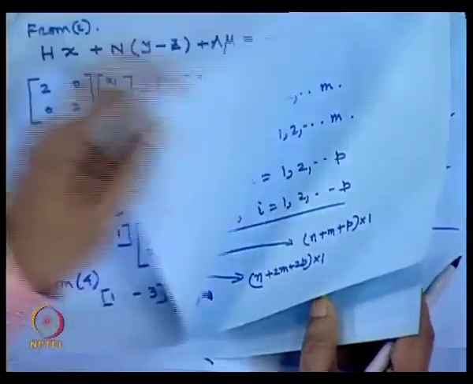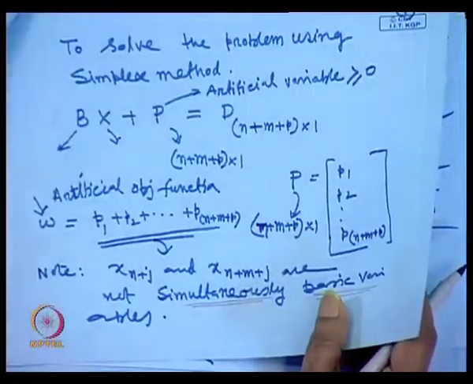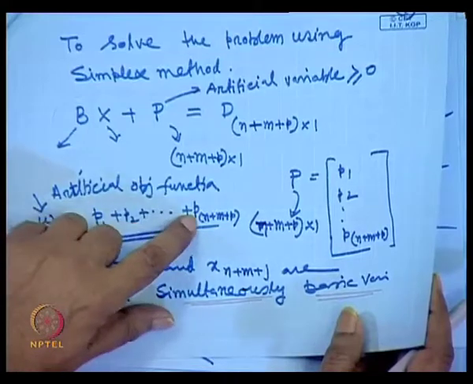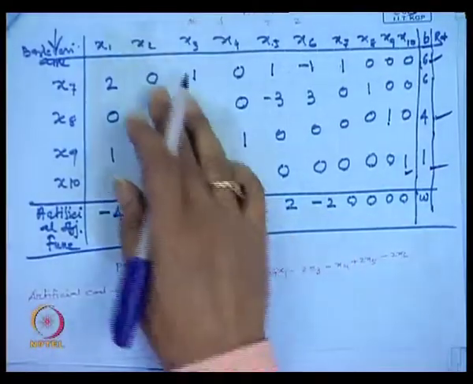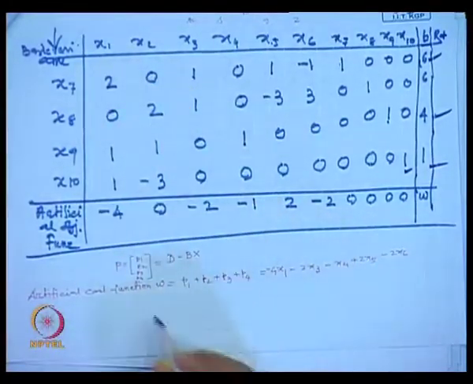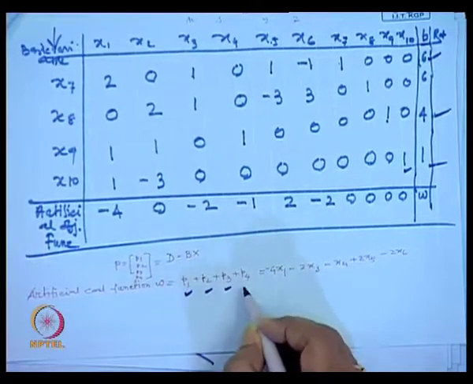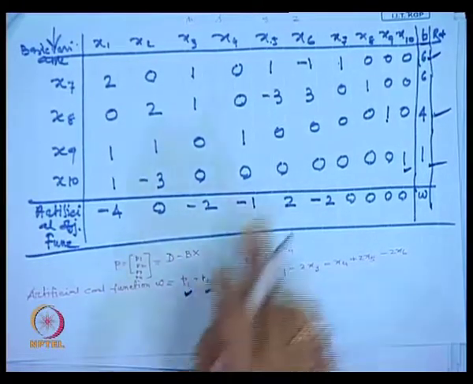Now, what is the artificial cost function? We have written the sum of p1, p2 up to pn, in our case up to p4. So, p1, p2, p3, p4. And what is p1?